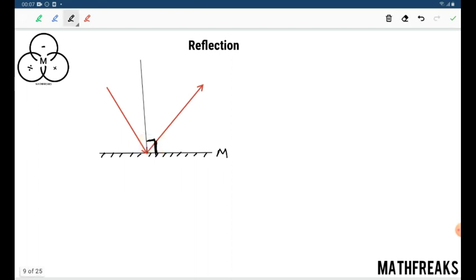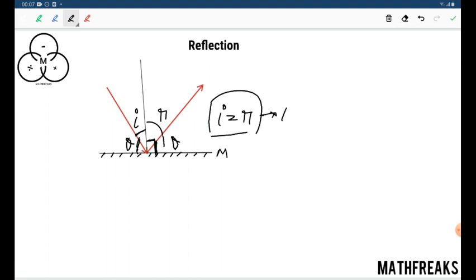Point of contact. I am not saying to the mirror, I am saying the point of contact. Then this angle and this angle are equal, and this angle of incidence is equal to angle of reflection, which is called law of reflection.